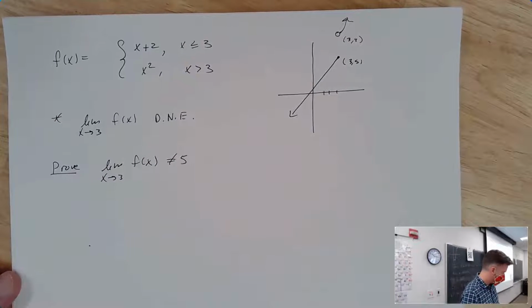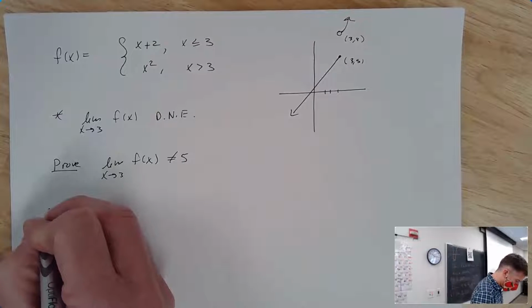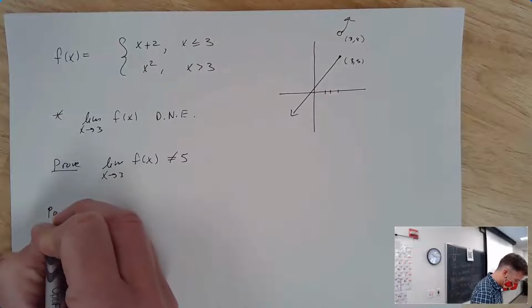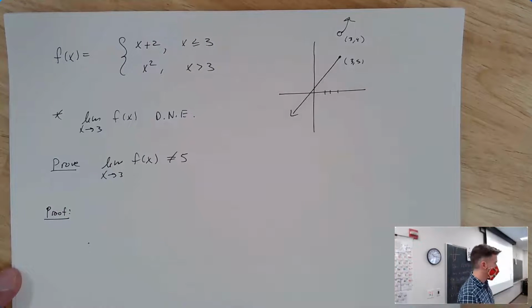So, okay, how am I going to do this? Well, here's what I can see. If x is on the right side of 3, we're going to have problems.